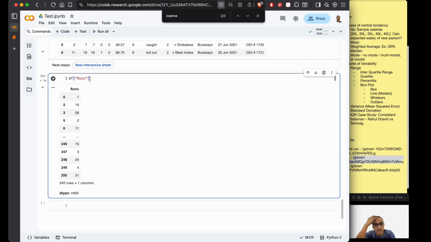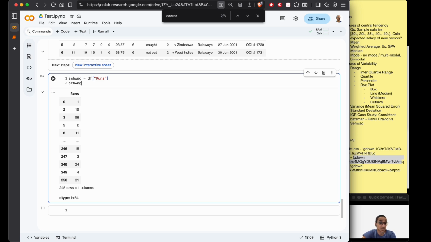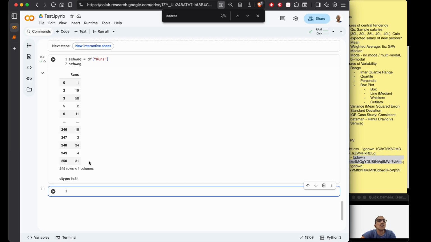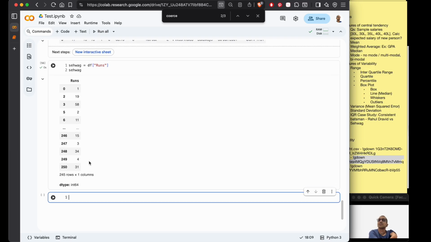Actually, we might want to keep this as a separate thing. Let's store it as a separate column, because we'll be computing standard deviation and we'll be comparing, right? So I think it's better to keep it separate anyway. Let's give it a separate name, so that the next data set will have dravid as the variable name.